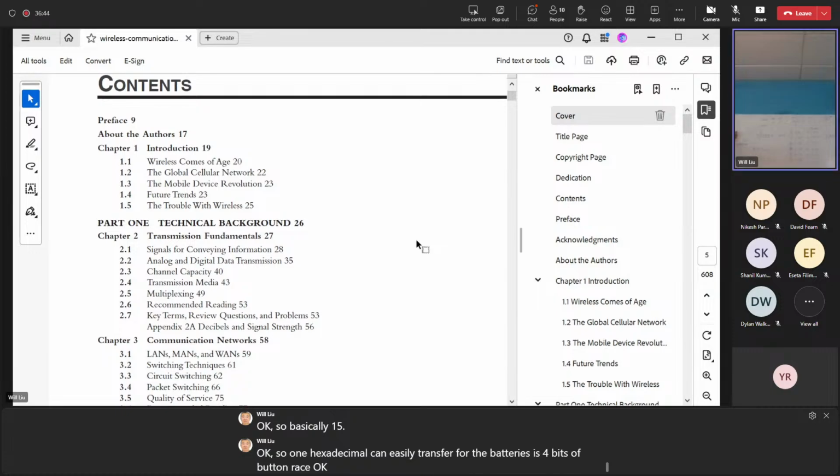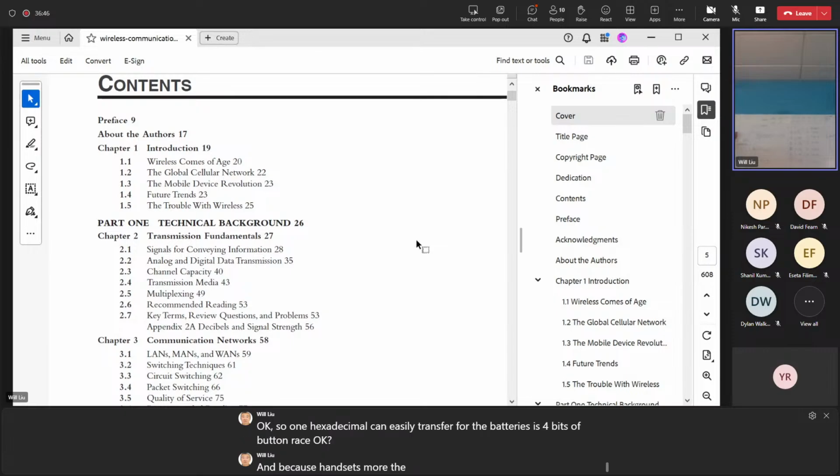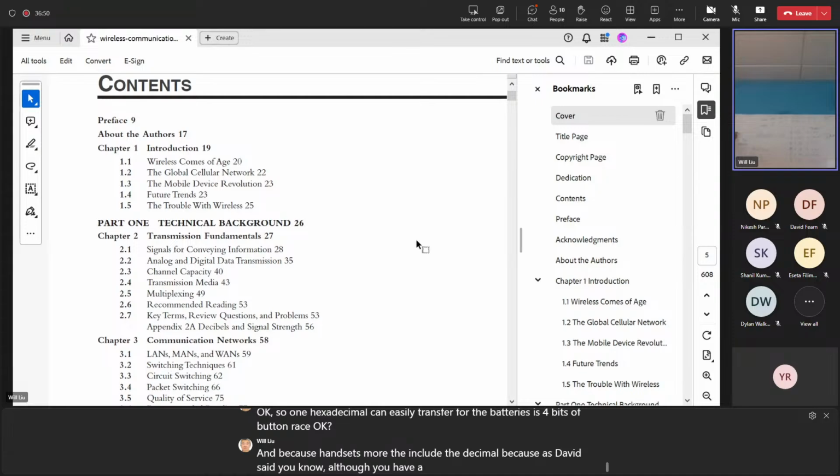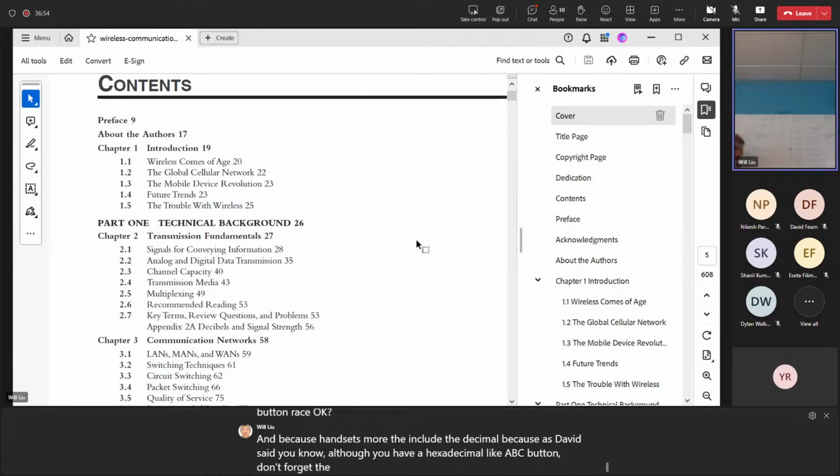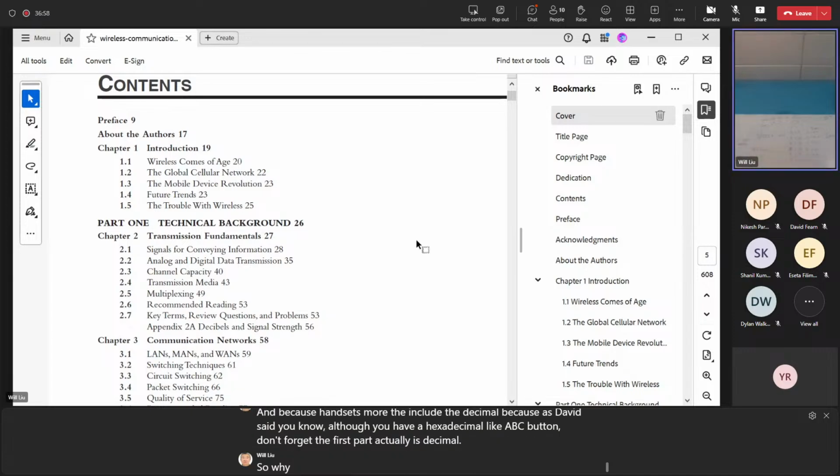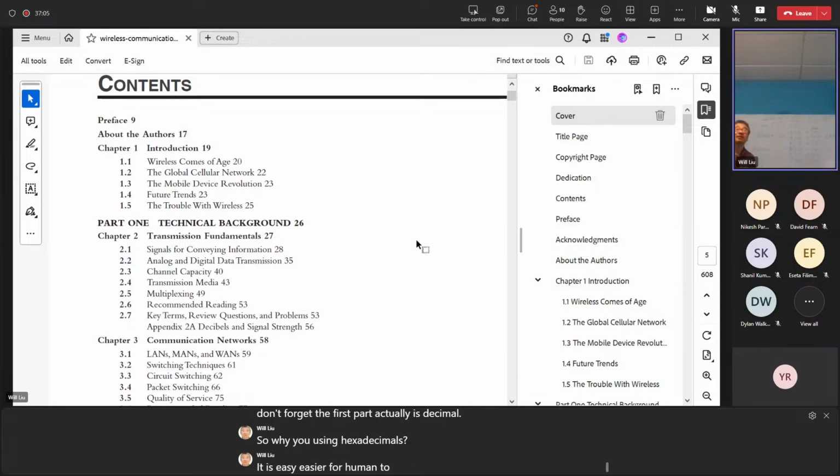Okay, and because hexadecimal includes the decimal, as David said, although you have hexadecimal like A, B, C, don't forget the first part actually is a decimal. So when you're using hexadecimals, it is easier for humans to understand. It's much easier than when people look at 0 and 1.